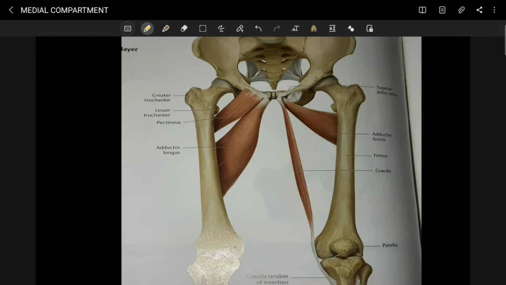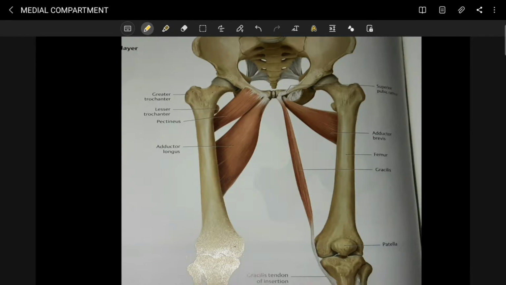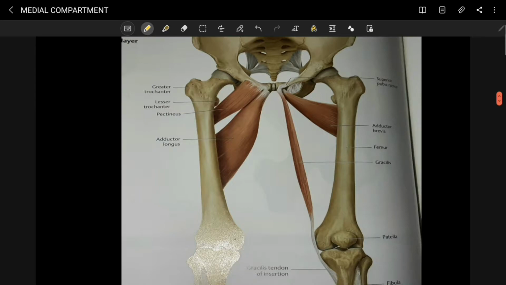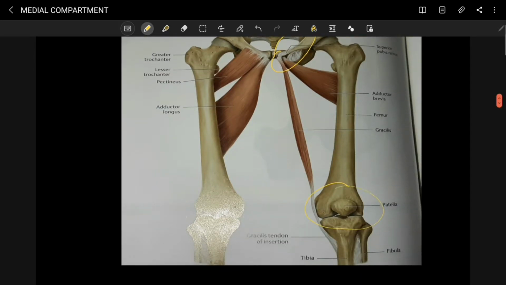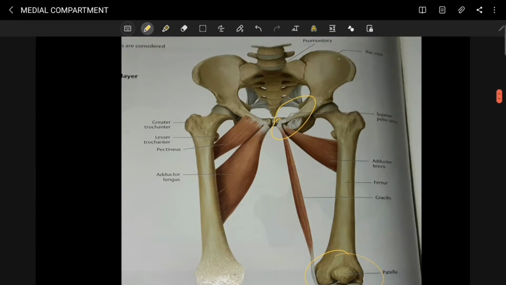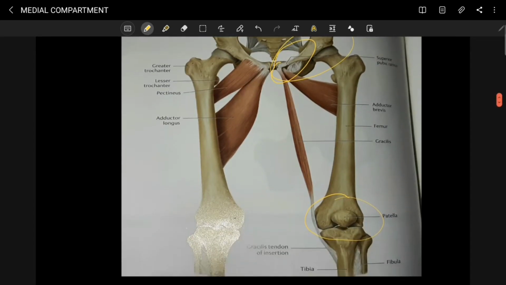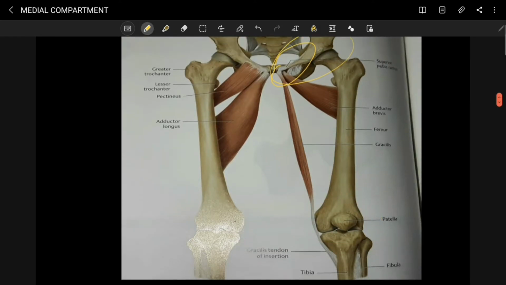One important feature of the gracilis muscle is that it crosses both the hip as well as the knee joint. Notice here that it crosses the hip as well as the knee joint, which is an important feature of the gracilis muscle.